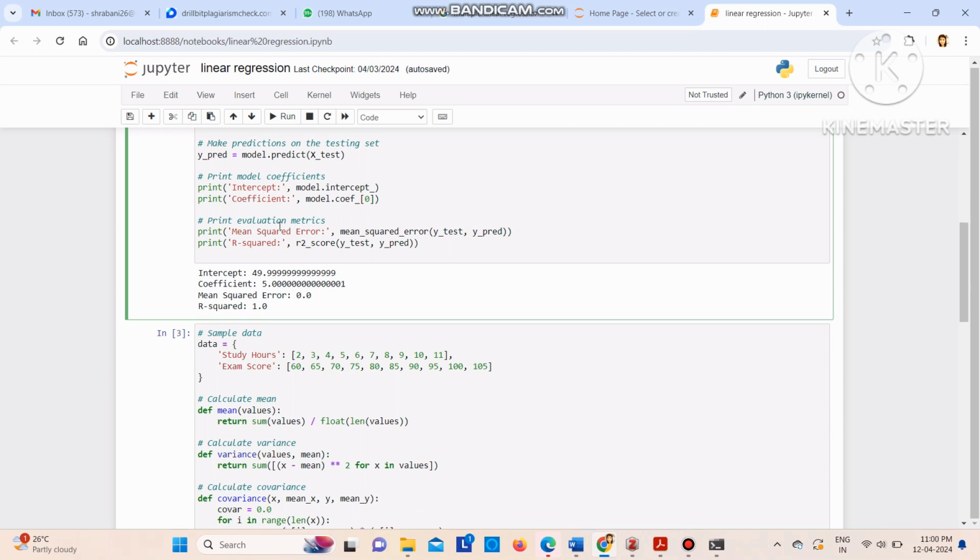And if we want to find out the metrics, that is how our model is performing, using mean squared error, that is the mean of the squares of the errors, we need to call the function mean_squared_error and pass the y_test and y_pred values. If you want to find the R square value, you need to call r2_score with y_test and y_pred. So for the intercept we are getting the value 49.9, for the coefficient 5, the mean square error is 0, and R square is 1.